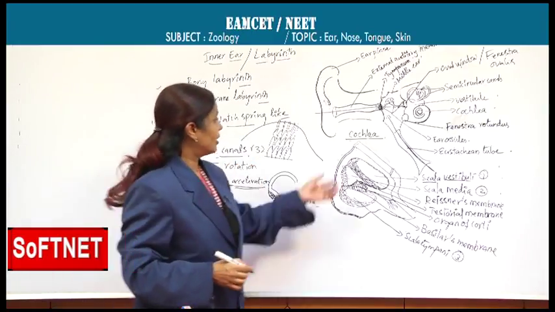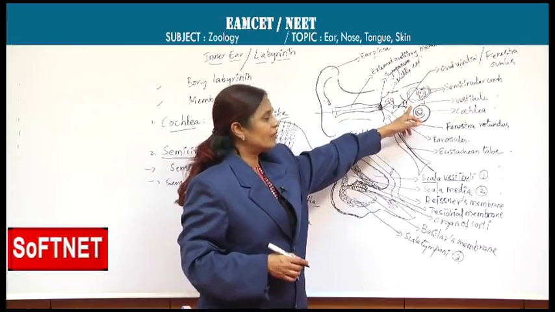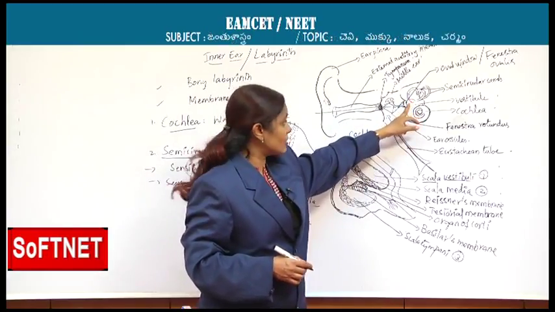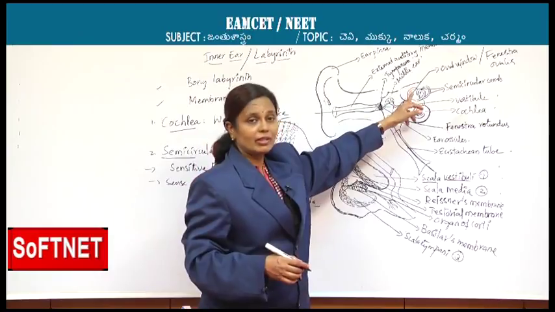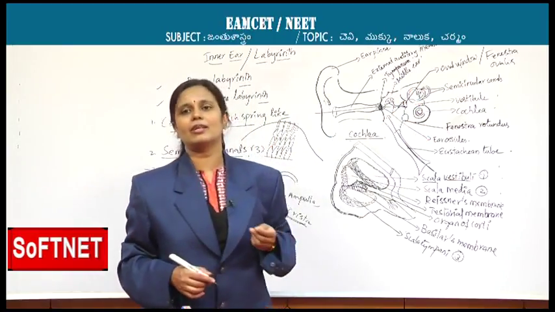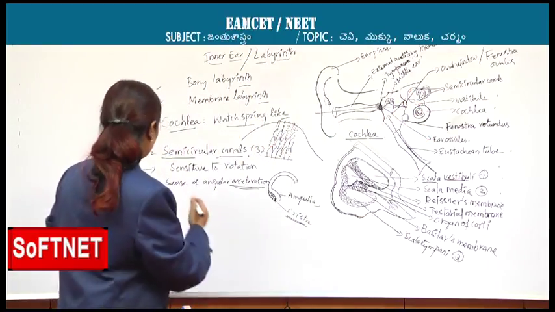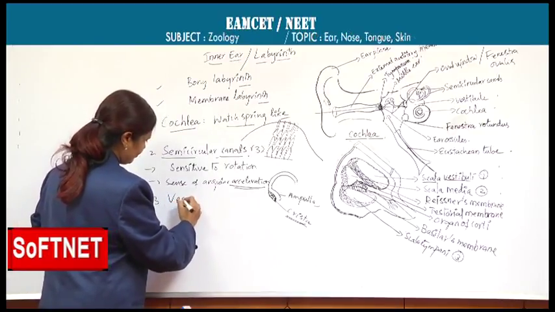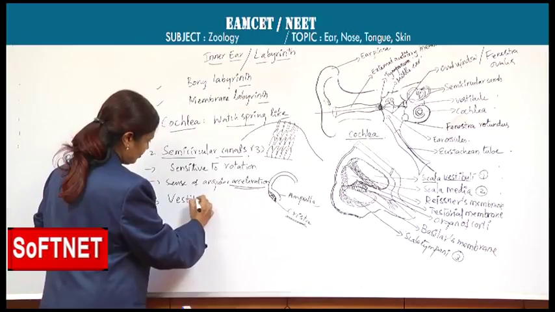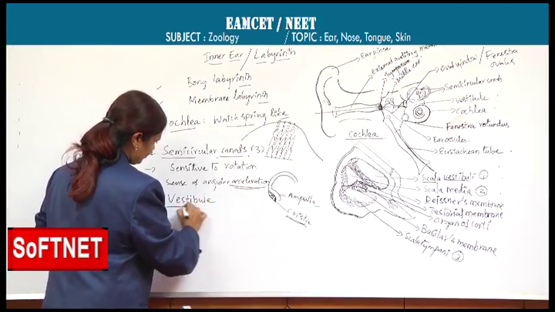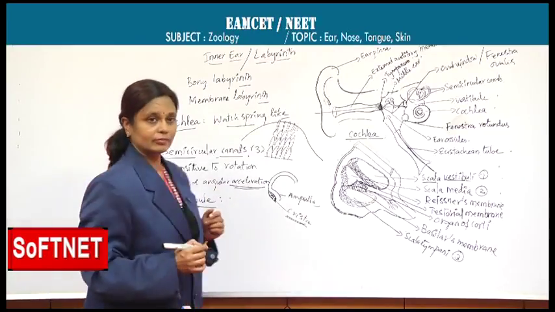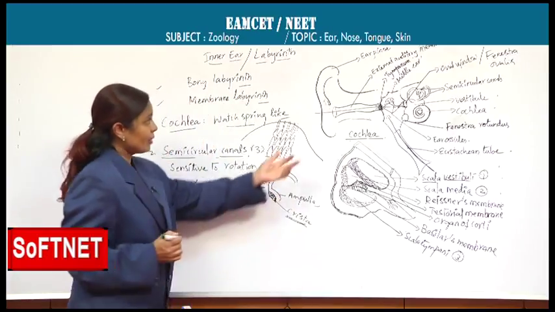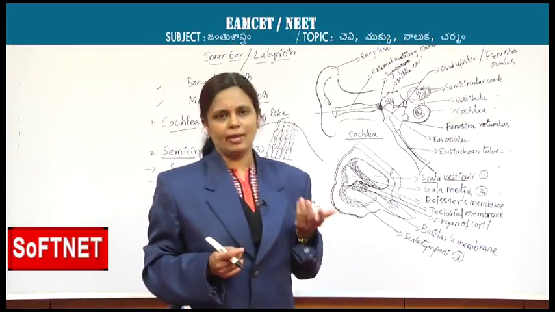What next? It is nothing but vestibule, an oval shaped structure present between the semicircular canals and the cochlea. The third part of the inner ear. Now, vestibule is a bony labyrinth.